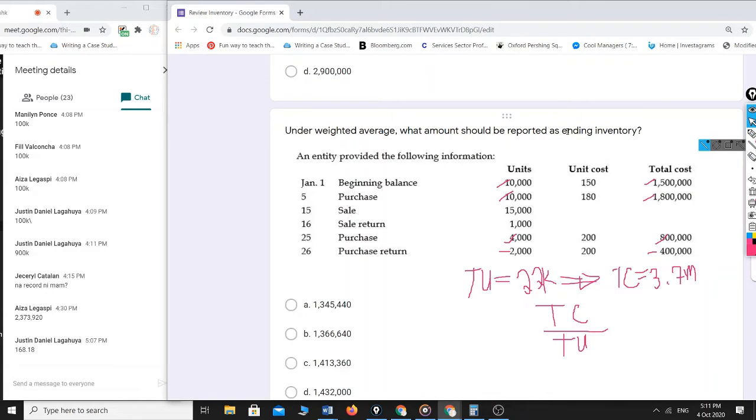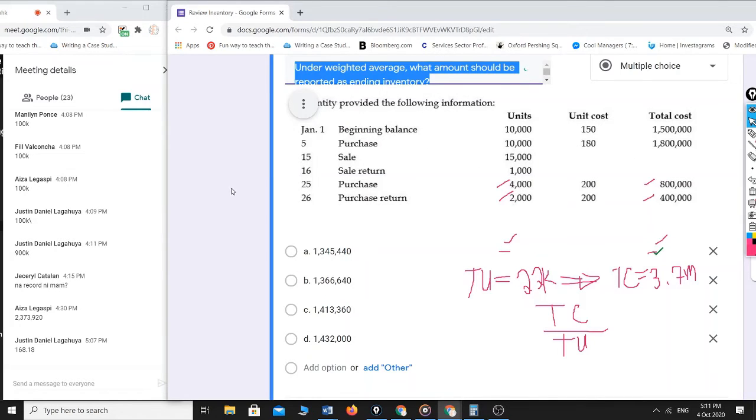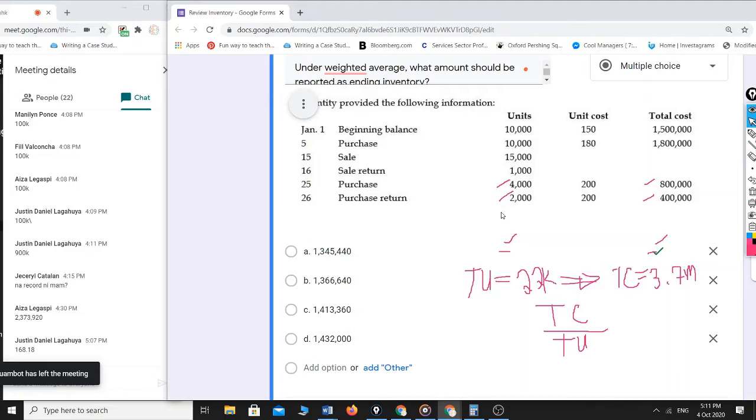So the question is the amount of our ending inventory. So ganiha ato namang gi-compute pila ka units ang nabilin. Diba? That is 10,000 plus 10,000 minus ang gibaligya nga 15,000 plus ang gibalik nga 1,000 plus nagpalit na pud tag 4,000 minus ang gibalik nato sa supplier 2,000. So that's why ang nabilin nga units, number of units is 8,000.